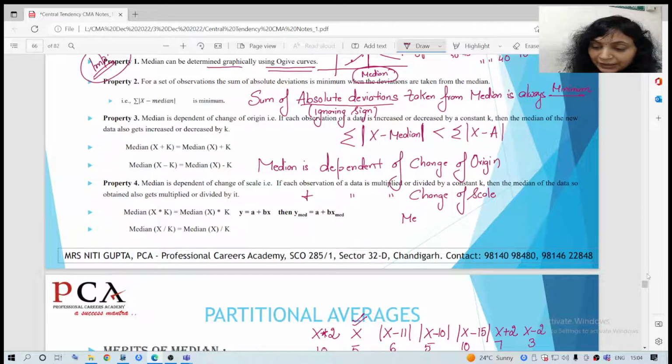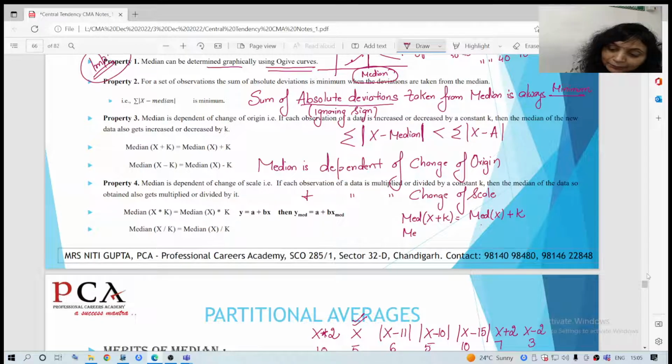Median of x plus k is equal to median of x plus k. Now if I say median of x plus 2, that is equal to median of x plus 2. Whatever median you have computed of your original series, if we have added 2 to the series, then the revised median will be median of the original series plus 2.